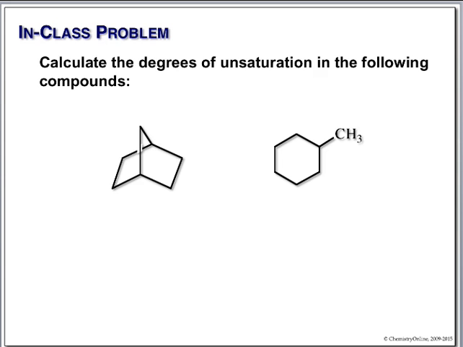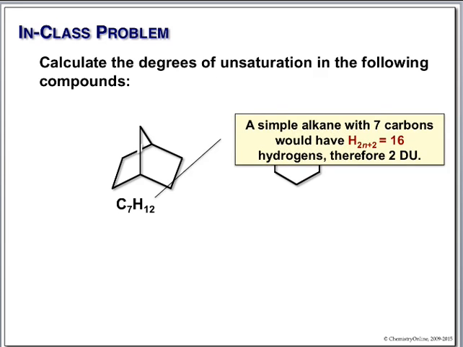And we've tied the 4 positions together with a 1 carbon bridge. So we have 7 carbons. We have 1, 2, 3, 4, 5, 6, 7, 8, 9, 10, 11, 12 hydrogens. So by our formula, how many degrees of unsaturation? Well, we're missing 4 hydrogens. That's 2 DU.